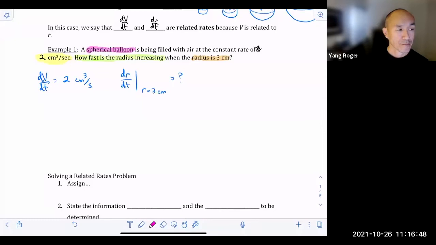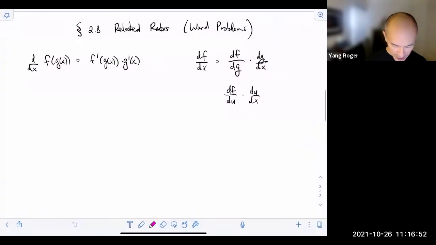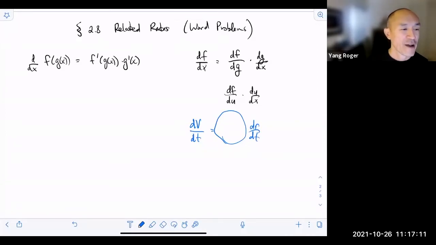Before I continue with this problem, I want to go back to what I had started talking about over here. So we know that dV/dt is going to be related in some way to dr/dt. I'm curious if anybody knows what would go inside over here. If you have some feeling, why don't you type your answer in the chat box?